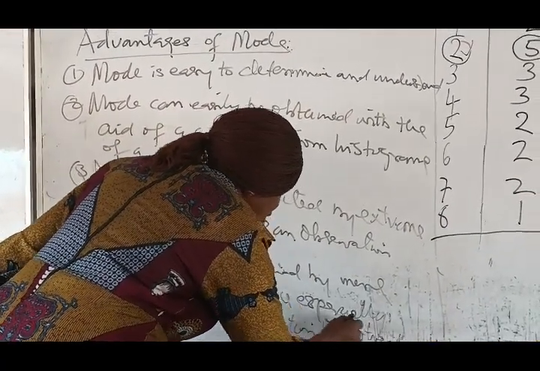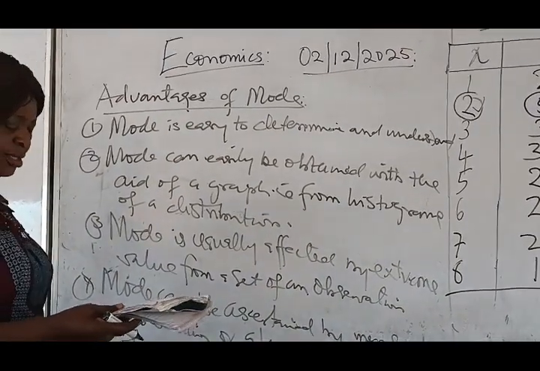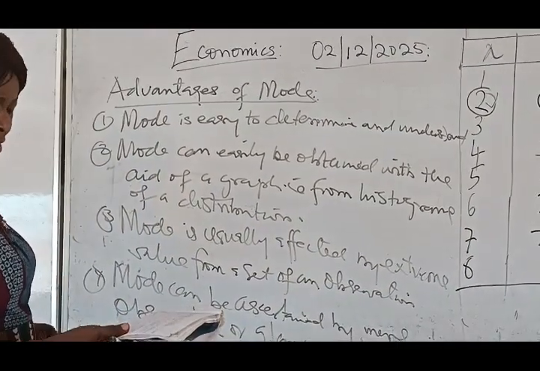Yes, when you don't have too many numbers, you can easily determine the mode of the set of that observation.